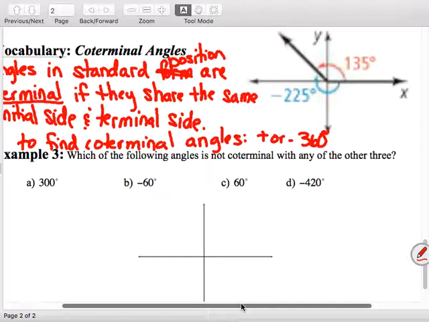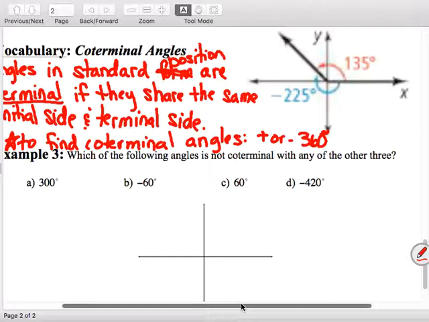Write this down. Write it below example 3, above example 3, beside example 3, anywhere you can fit it in. To find coterminal angles, you just add or subtract 360.